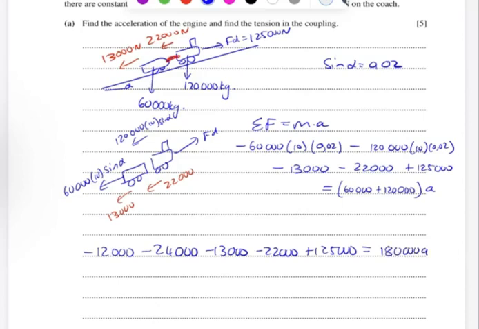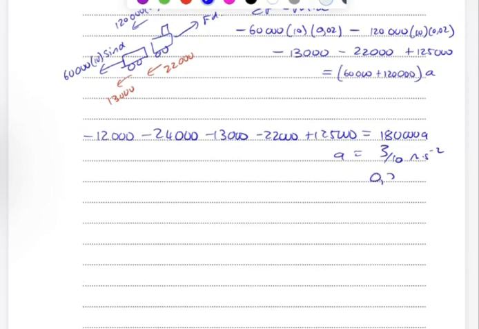Now I can just add them all up. Watch that you are doing the right thing on your calculator. There's no point in getting everything right and then typing stuff in incorrectly. So here I get an acceleration of 3/10 or 0.3.